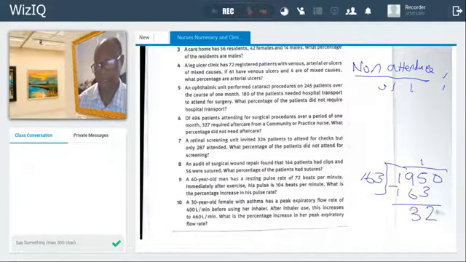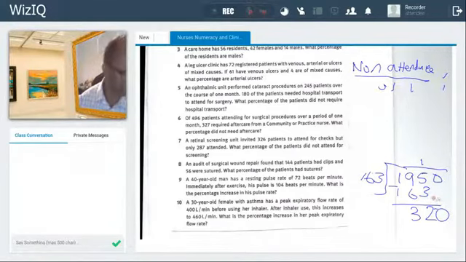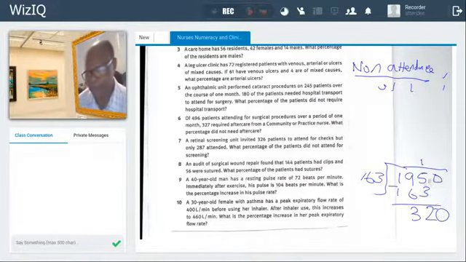We drop 0. Okay, so if we drop 0 here, we have 163. How many times can it go there? That's correct. 5 take away 3, 320.